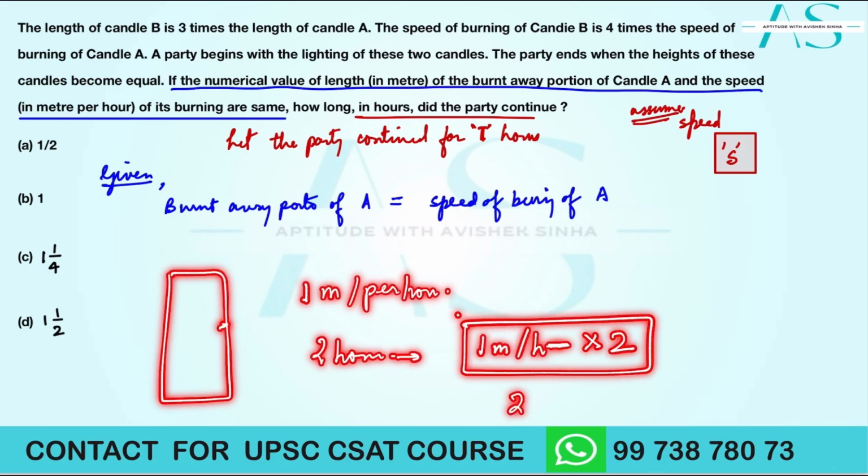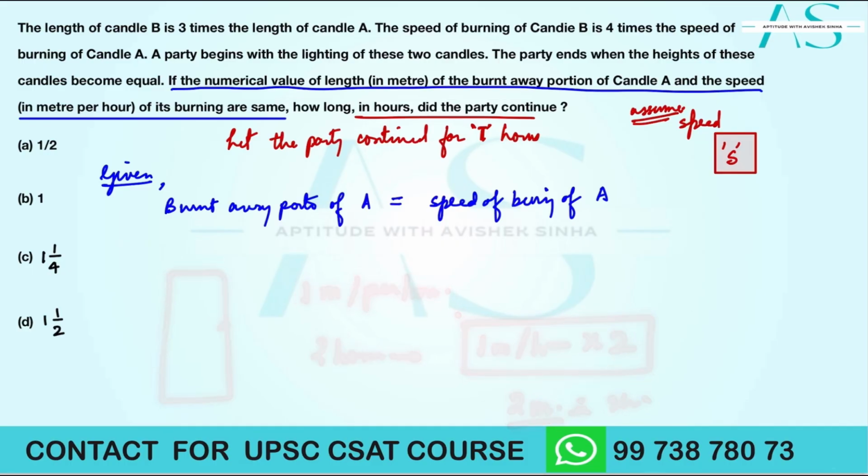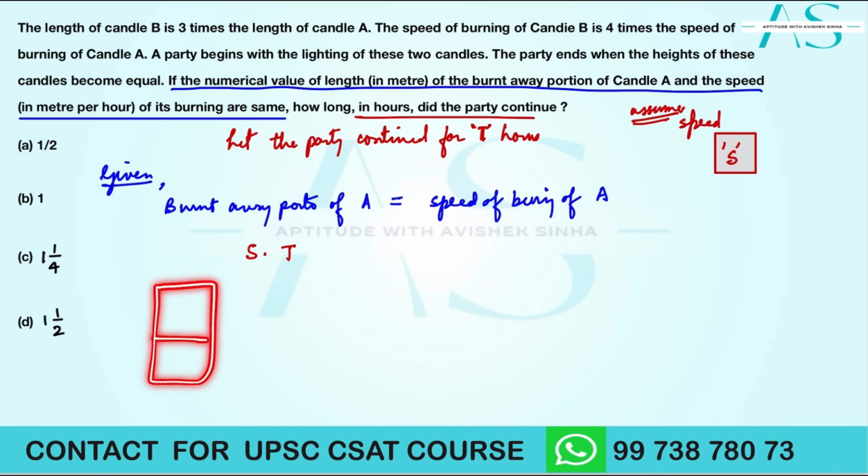So it would definitely burn 2 meters in 2 hours. तो आपने क्या करा? आपने जो speed of burning है उसको time period से multiply कर दिया. This gives you the burnt away portion of the candle: speed into time, speed of burning into for how long the burning was happening. इससे आपका जो burnt away portion है वो निकल के आ गया. All right, speed of burning is s.